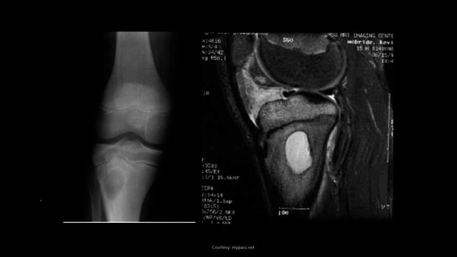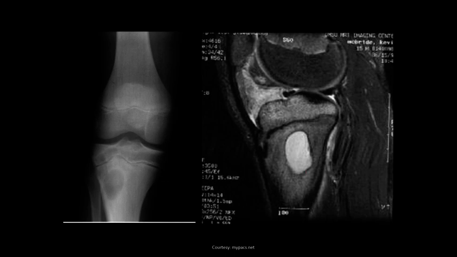Because it's eccentric and bubbly lytic, you may also consider an aneurysmal bone cyst as a possibility; this could be early changes of an aneurysmal bone cyst. But I really like Brodie's abscess and also, to a lesser extent, osteoid osteoma for this type of appearance.